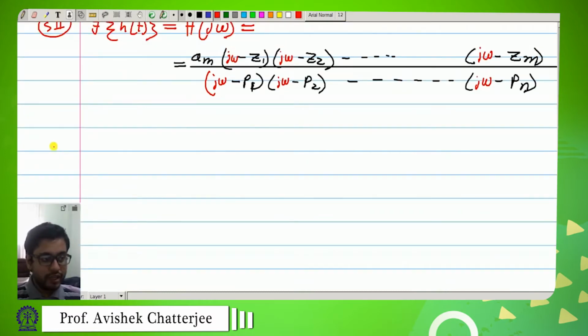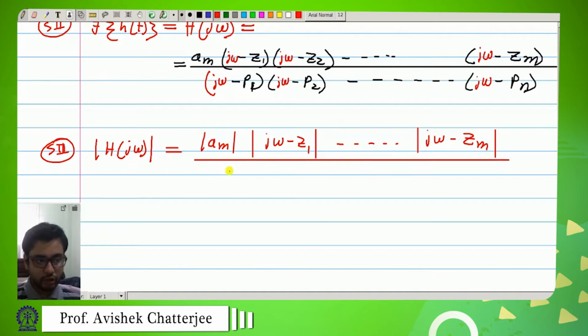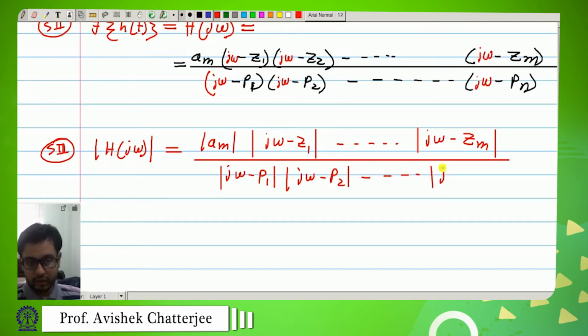Next, we want the magnitude of H(j omega), that is mod H(j omega), and that is equal to the magnitude of Am, magnitude of these terms j omega minus z1 dot dot dot, then j omega minus zm, whole divided by magnitude of j omega minus p1, j omega minus p2 dot dot dot, j omega minus pn.